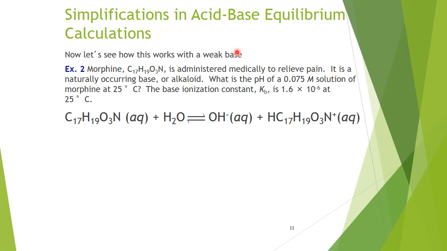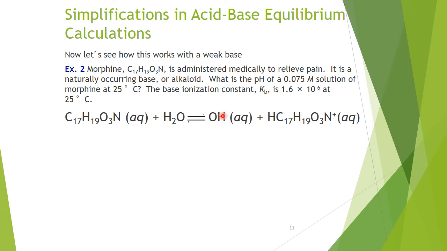Okay, now what we're going to do is the same kind of idea, but with a base. So morphine is a drug to relieve pain, and it's a base, and here's its chemical reaction. And you can see that what it does is it produces base and not the conjugate acid.